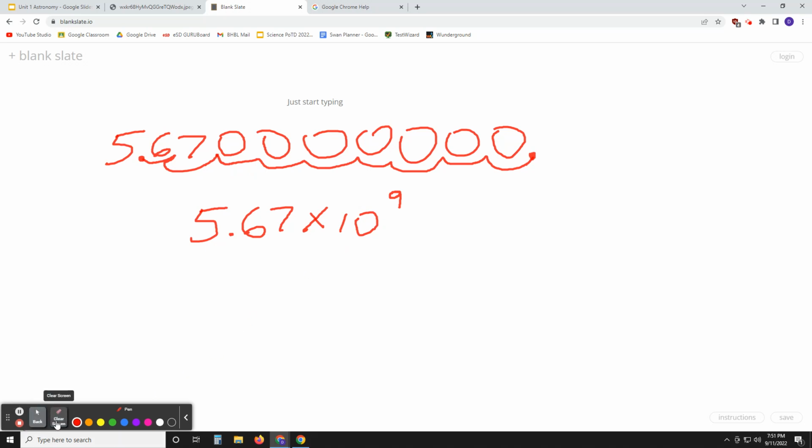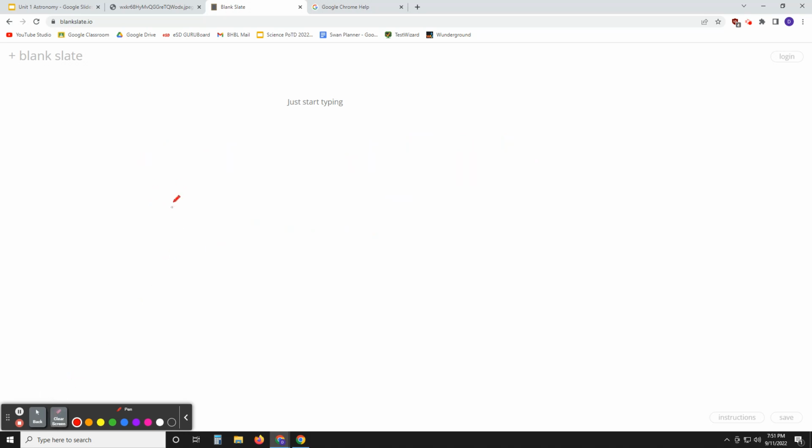So let's do a really small number instead of a huge number. How about something really tiny, like 0.00003. The same rules apply. You have your decimal.